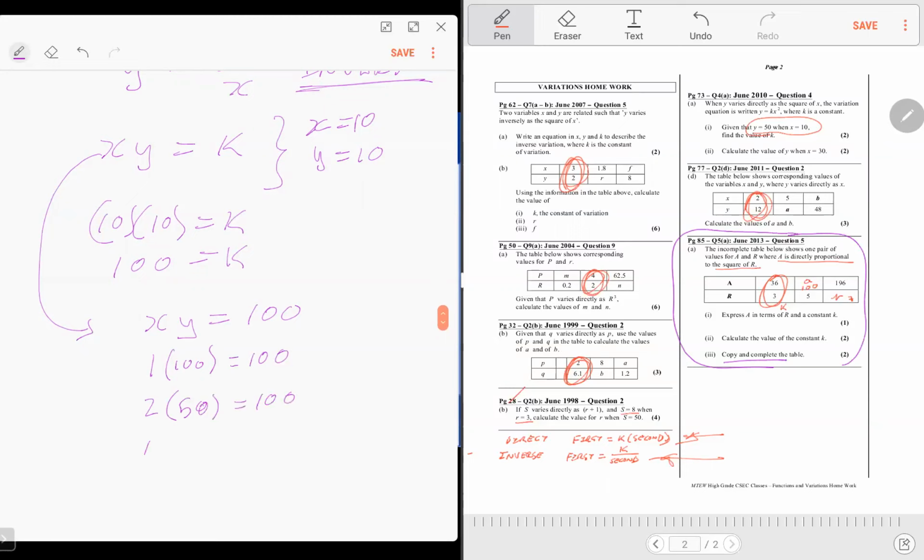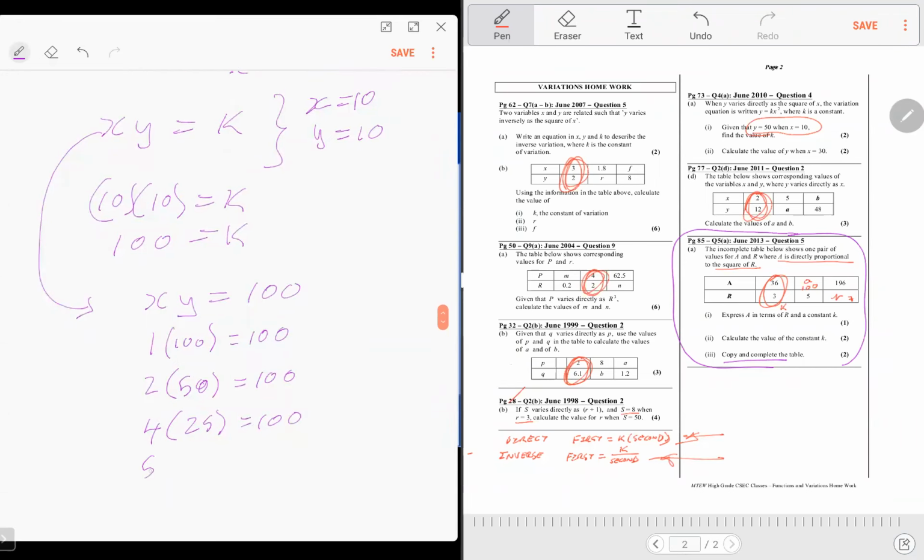When x is 4, y must be 25. When x is 5, y must be 20. You see that? That's an inverse variation. When x is increasing in value, y is decreasing in value. That's an inverse variation. Right?